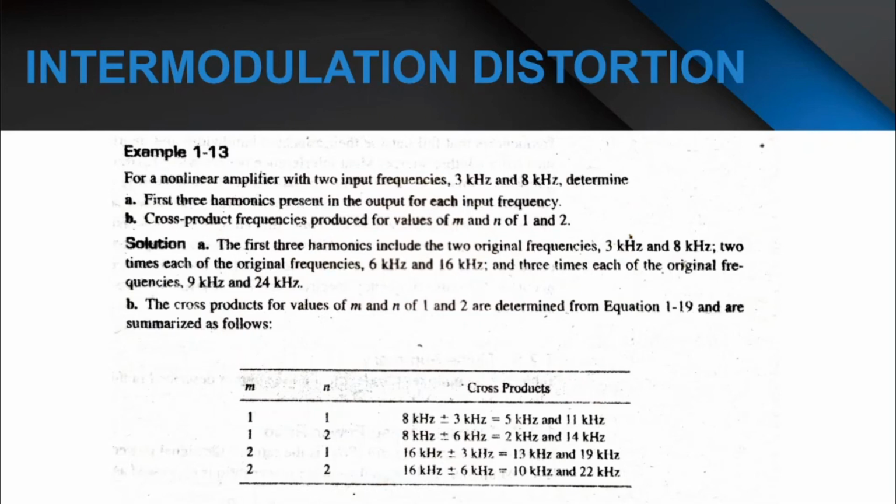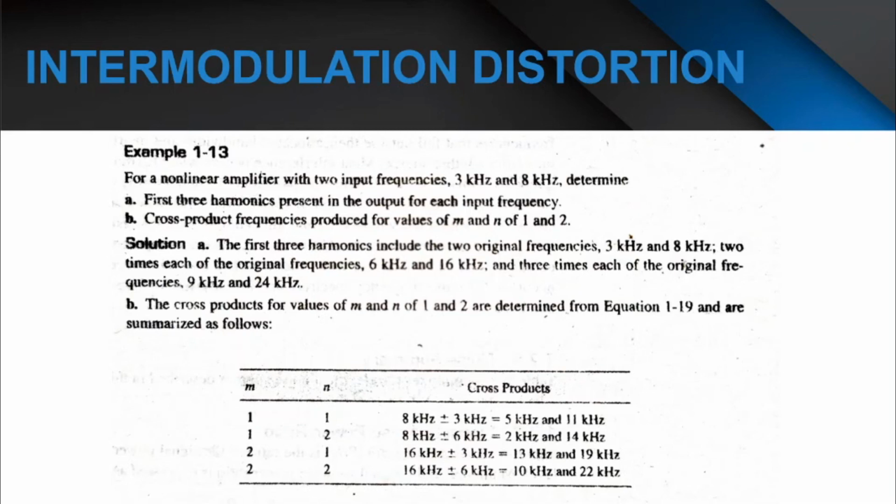Now for the third line, where the m is 2 and the n is 1, so 2 times the base, which is 8, so we get 16, and then 1 times 3, we get 3, 16 plus 3, we get 19 kHz, and 16 minus 3, we get 13 kHz, so we get 13 kilohertz and 19 kilohertz as cross products.